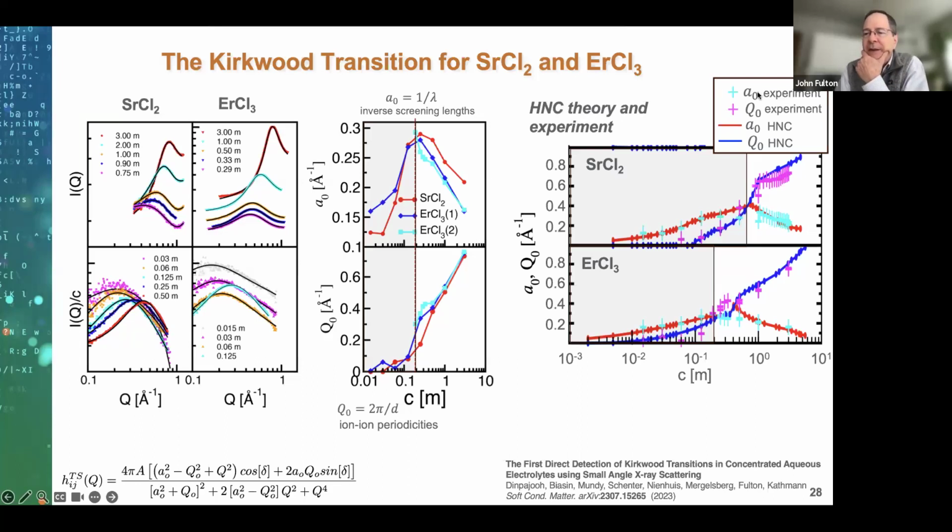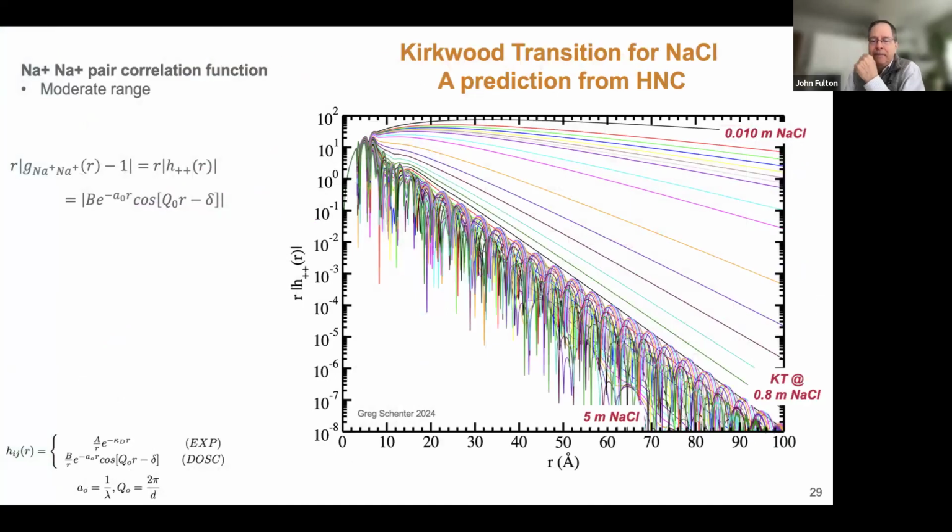The experiment in this case is not quite as closely matched to theory, but it still shows the existence of a maximum in the experimental data, and a very similar observation for erbium chloride. So we think this is good evidence of a Kirkwood transition, at least for these divalent and trivalent salts. So finally, this is a plot.